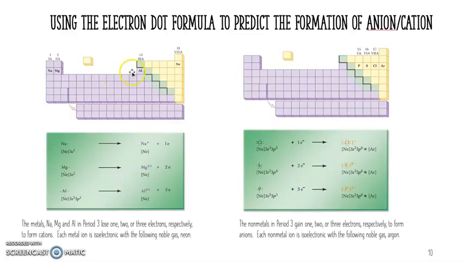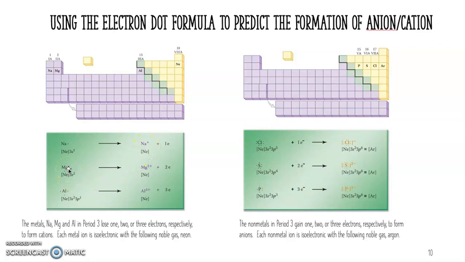Now you can use the electron dot formula to predict the formation of anion or cation. Here is a symbol for cation. You can see electron dot formula of sodium, magnesium, and aluminum. Sodium has 1 valence electron, it can lose that 1 valence electron and become sodium plus.